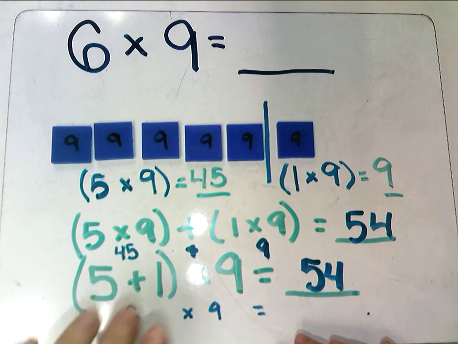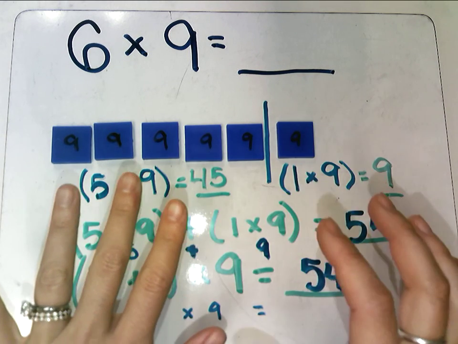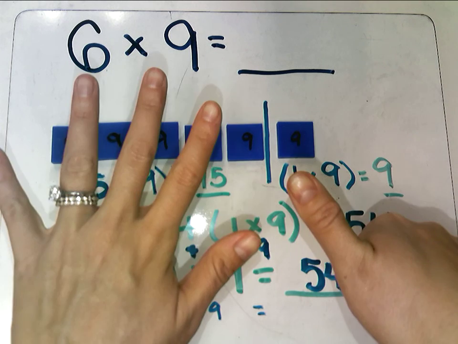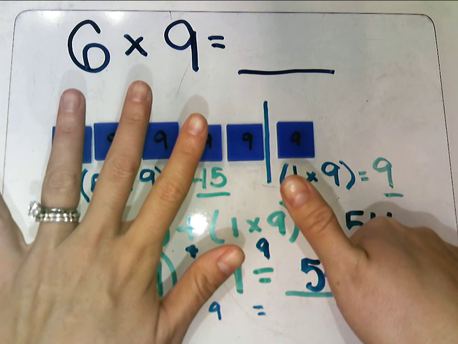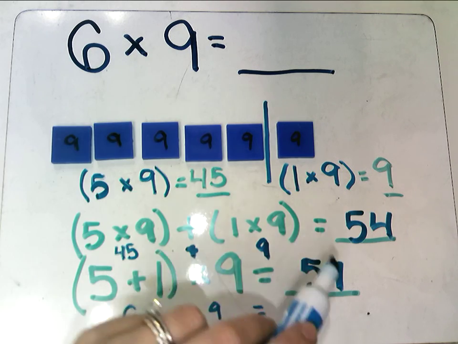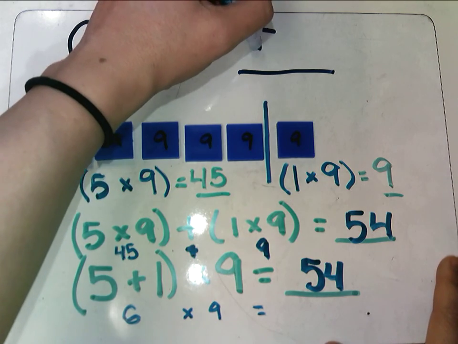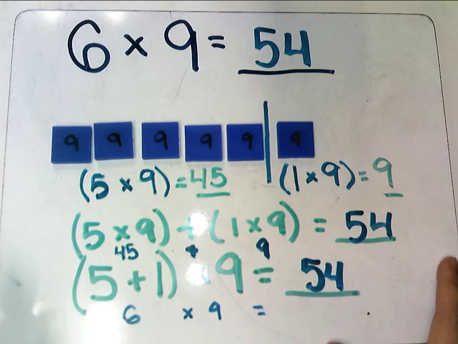Let's double check. 9, 18, 27, 36, 45, 54. 9 times 6 is 54. Or 6 times 9, now we have to bring our answer back to the top. We know it equals 54.